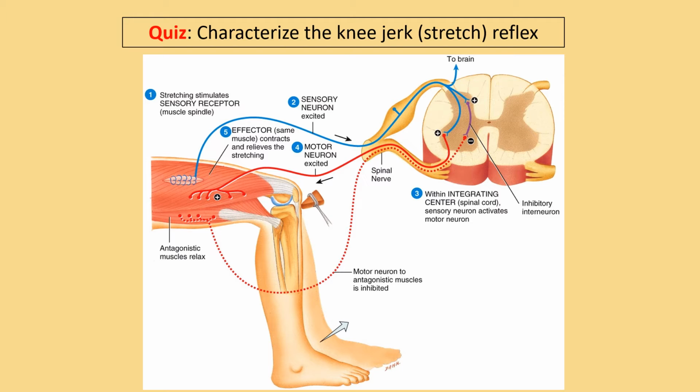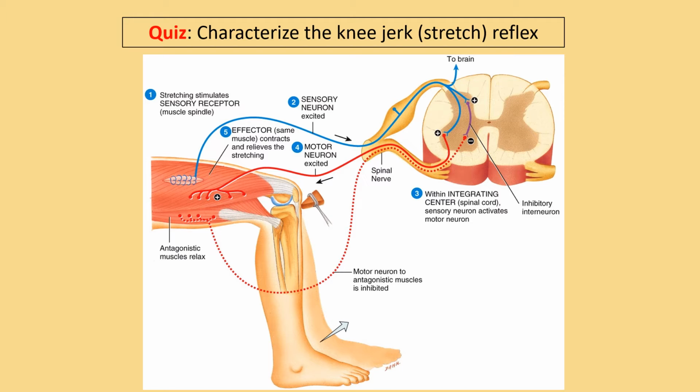While we're on this picture, please draw your attention to that segment of the spinal cord. And at the very top of the image there, do you see how one branch of that sensory neuron is sort of pointing up with an arrow that says to brain? Well, that pathway is not required for the reflex to occur.